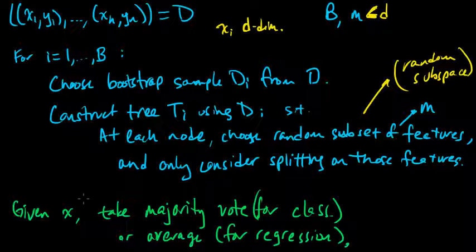We'll see from the bias-variance trade-off, the bias-variance characterization of the performance of a classifier or regressor or estimator in general, that reducing the variance will increase your performance.